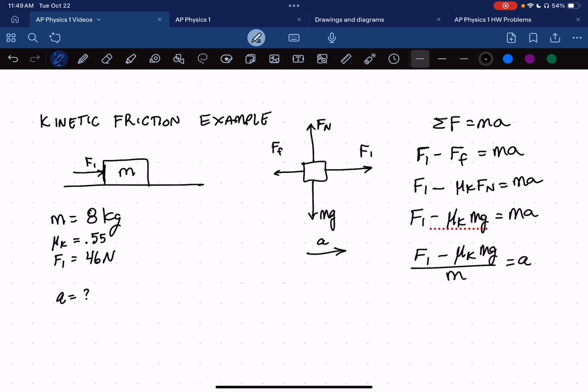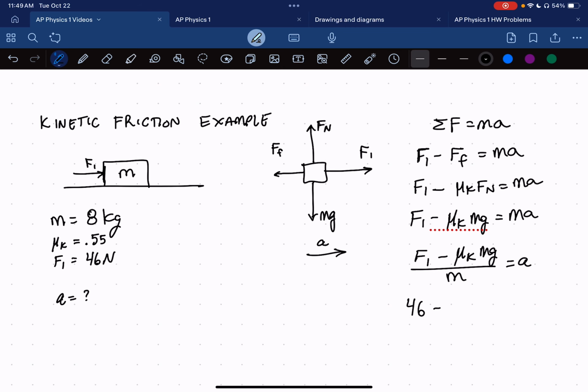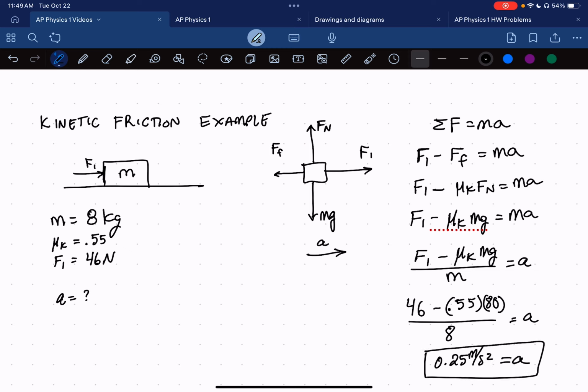Now, keep in mind you can't divide the m's, right? So those have to stay. This is 46 minus 0.55 times mg, which is going to be 80, over 8. So we'll just type this right in. We get 0.25 meters per second squared is the acceleration.